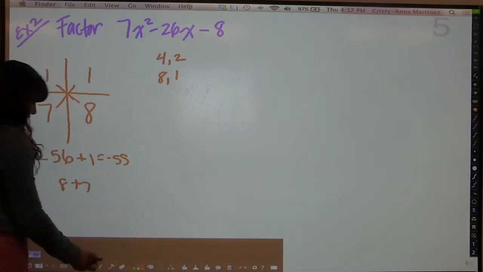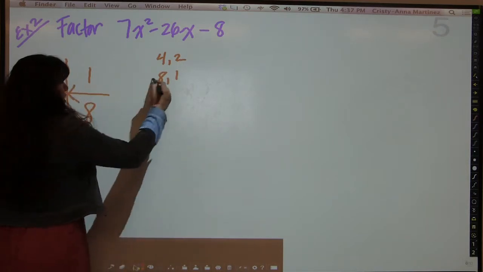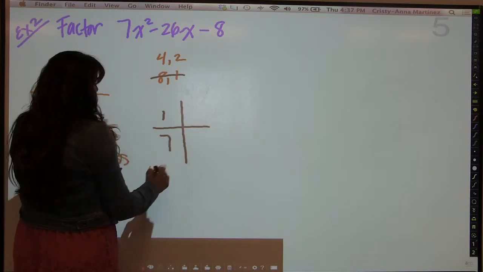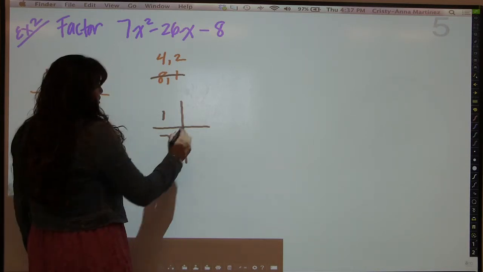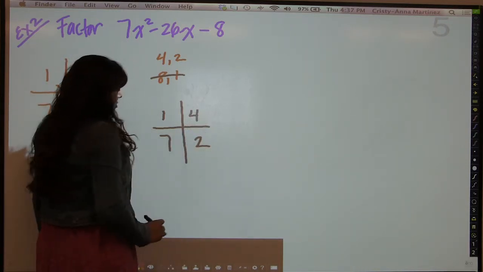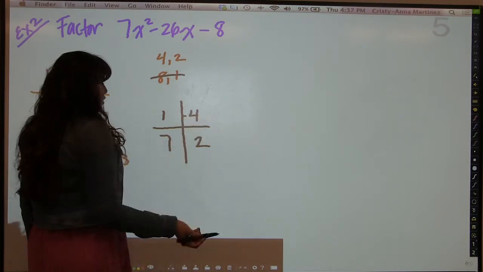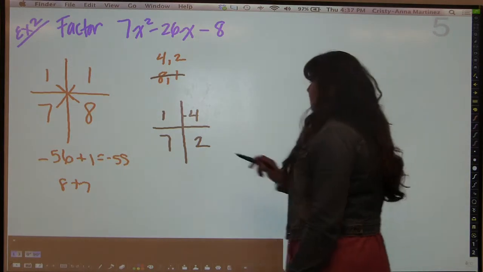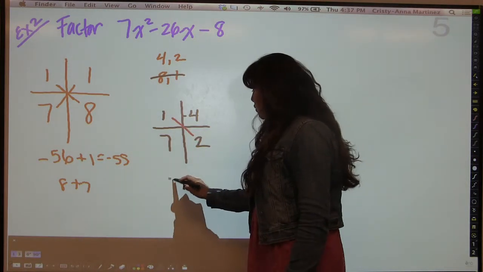So that doesn't work either. So then I'm going to try the 4 and the 2. So here's my 1 and 7. So those are the factors of 7. And I'm going to try 4 and 2. Okay? And I'm going to make the 4 negative. I don't know if it's going to work, but we'll try it. So when I multiply this diagonal, 1 times 2 is 2.